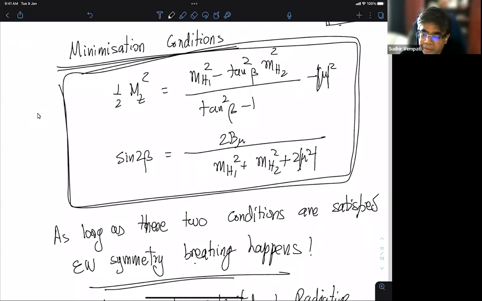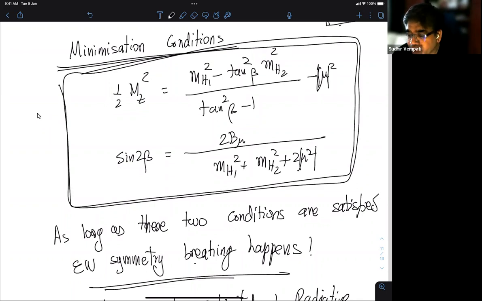What I mean is the radial component of mu square should always be positive, because the radial component of any complex number should always be positive.